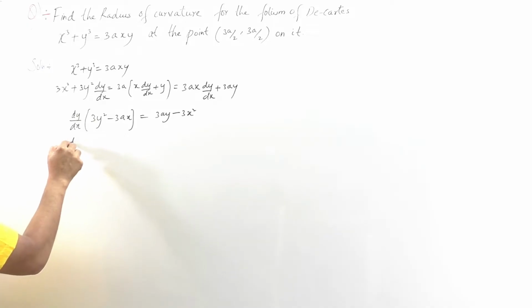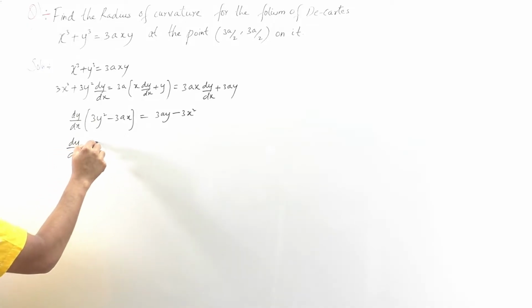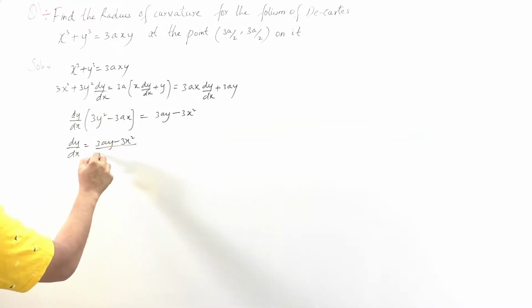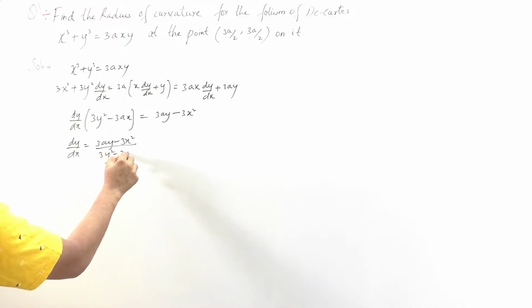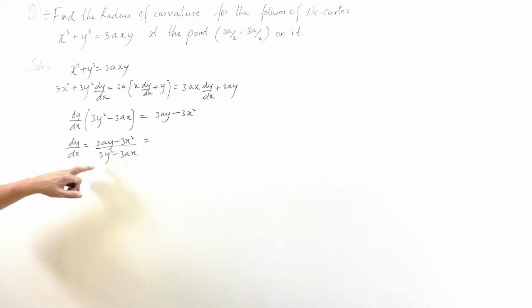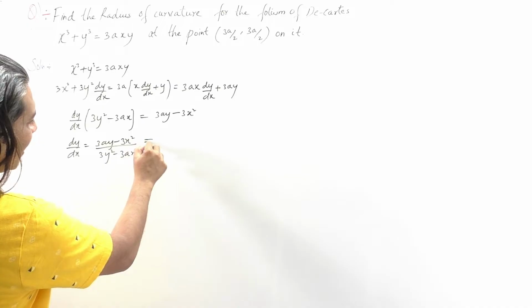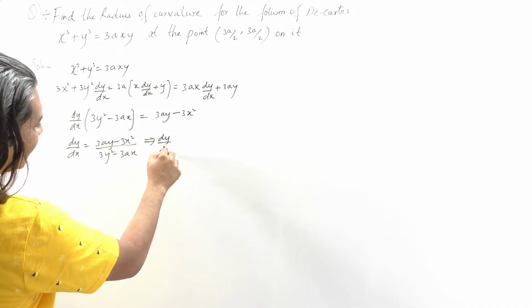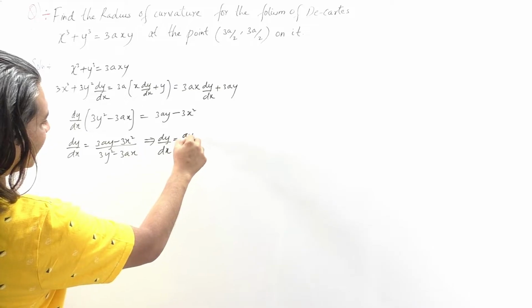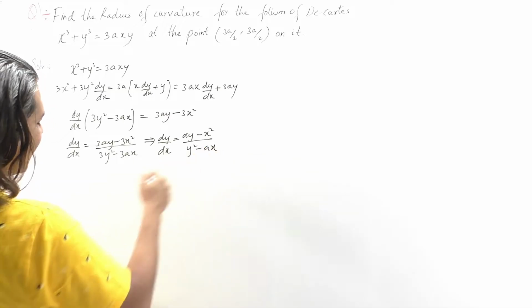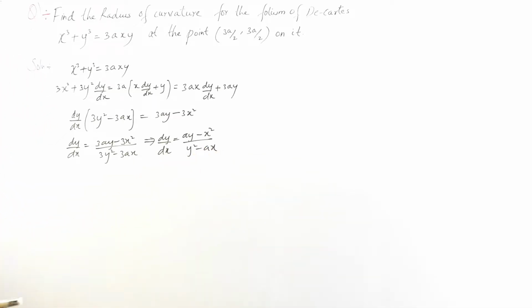Therefore, dy by dx is equal to (3ay minus 3x square) divided by (3y square minus 3ax). Since 3 is common, we can cancel it out. That implies dy by dx is equal to (ay minus x square) divided by (y square minus ax).